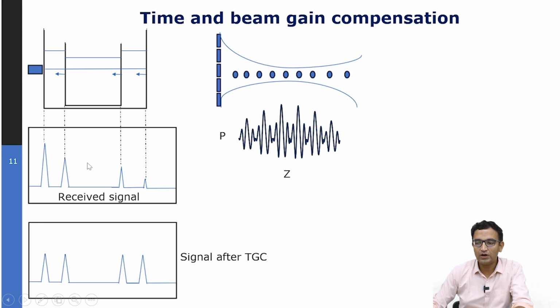Essentially, as you go deeper, you are losing signal. So you would like to amplify the deeper signals more, and the signals coming from shallower targets, or targets located close to the transducer, you would want to amplify less. This is called time gain compensation or depth gain compensation, and a specialized amplifier called the TGC amplifier performs this task.